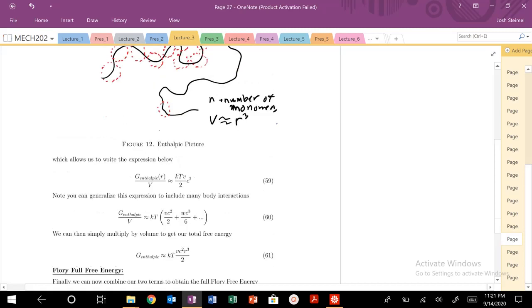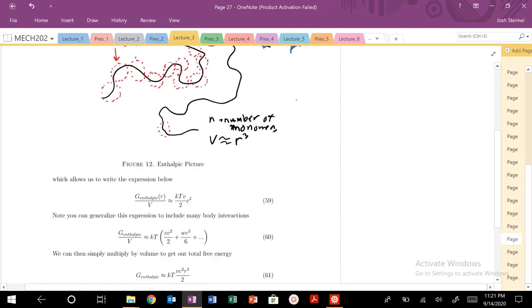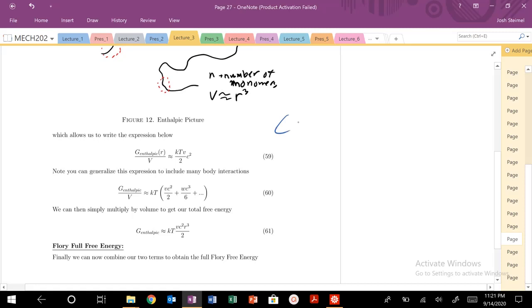Using that relationship here, again, this is r cubed right here. So the concentration is just going to be C equals N over r cubed. I could rewrite this expression in terms of concentration, and I could generalize that.